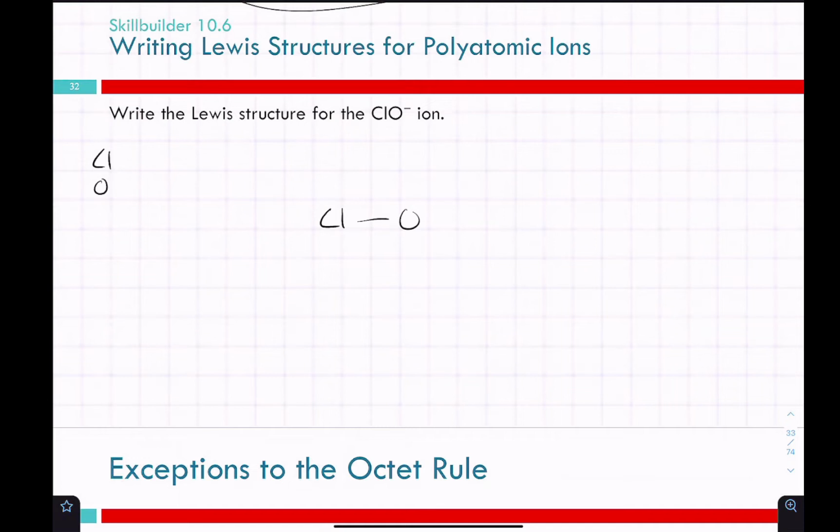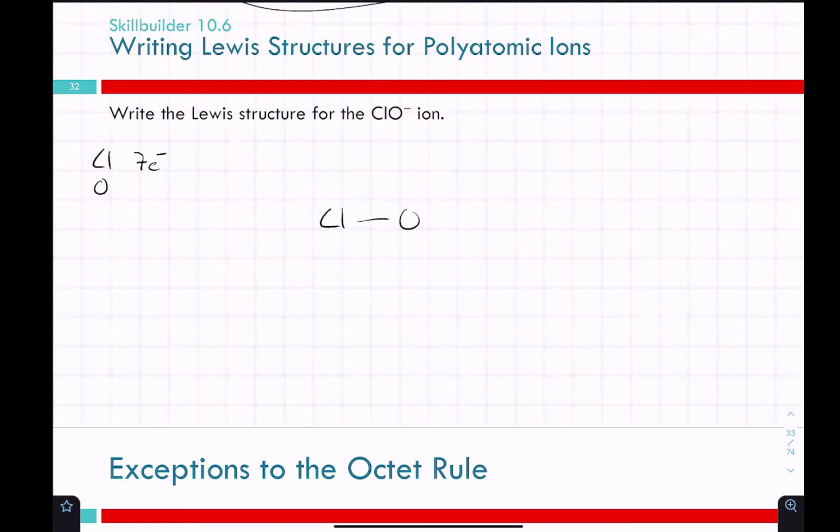If it just has numbers, you can always write it on yourself: 1A, 2A, 3A, 4A, 5A, 6A, 7A, 8A. That's how many valence electrons they have in that column. And you'll notice here, this is 3A, but it's also 13, so you can subtract 10 from these ones and still get the same thing. So for chlorine, it's got 7 valence electrons.